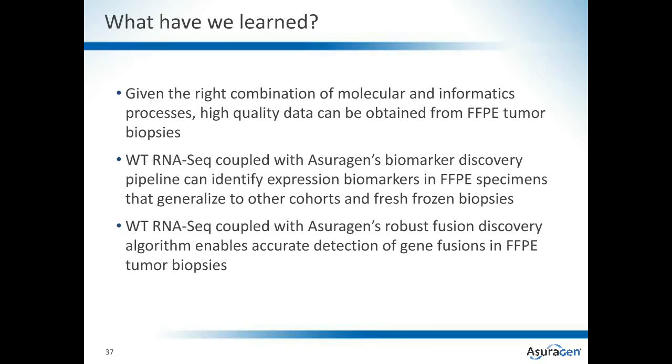Moving on to recap what we have learned in this section. First of all, given the right combination of molecular and informatic processes, high-quality data can be obtained from FFPE tumor biopsies. And we've demonstrated that through the application of this case study in thyroid cancer, where we apply whole transcriptome RNAseq coupled with Asuragen's biomarker discovery pipeline to identify expression biomarkers in FFPE specimens that generalize to other cohorts, including fresh frozen biopsies.